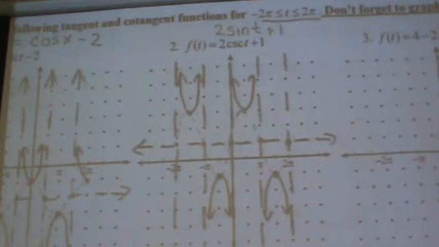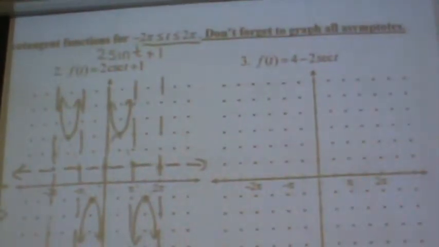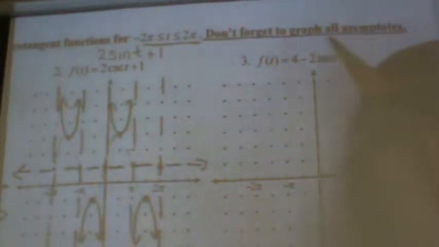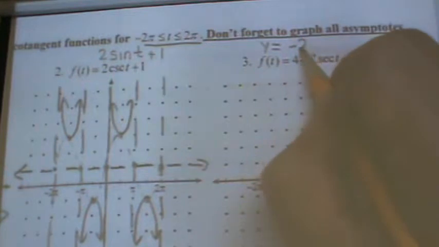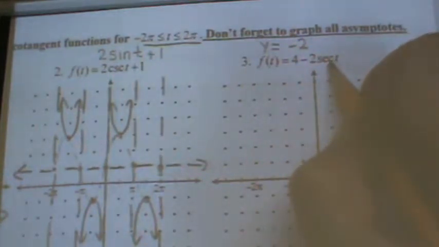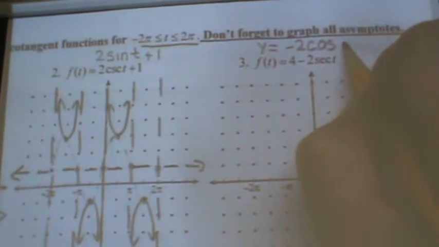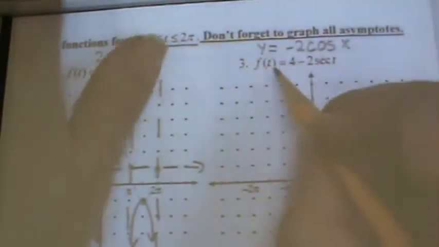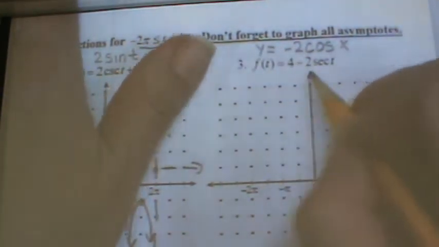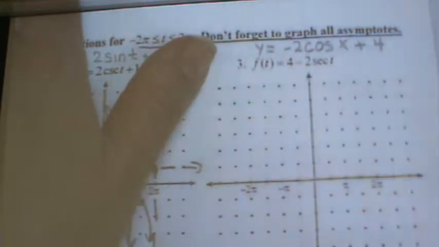Okay, number 3. Can you fix the order of this? -2, and you're gonna grab the cosine. And I don't care if you use x. Most of the time you use f of t. I love x and y. I'm just used to x and y, so I will rewrite it like that.